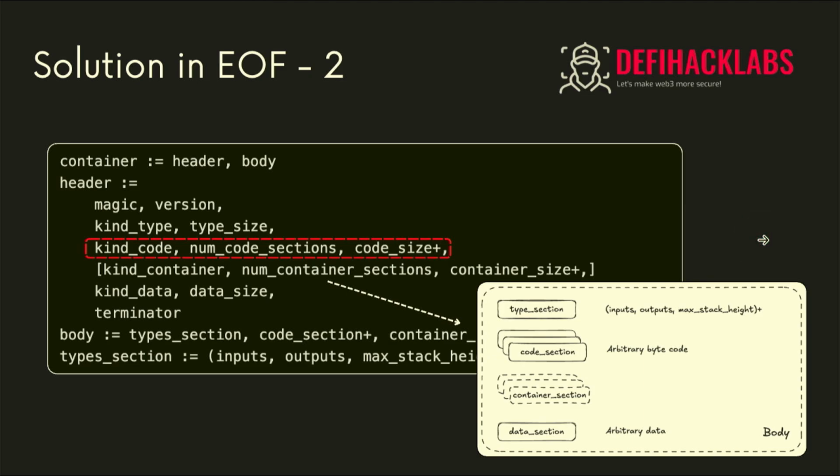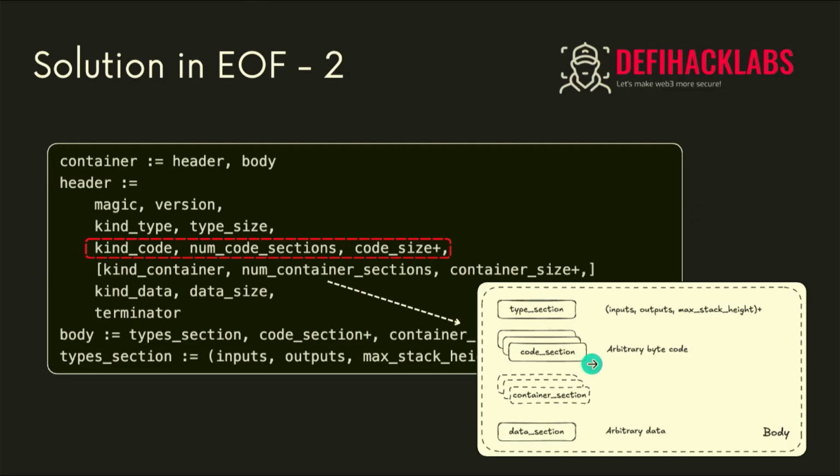And the input argument numbers and output argument numbers are solved by the type section in EOF. We already introduced the code section, and there is another section called the type section.